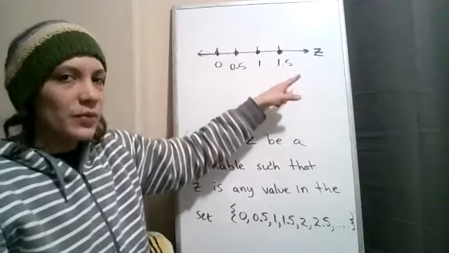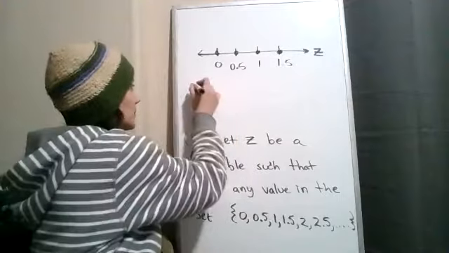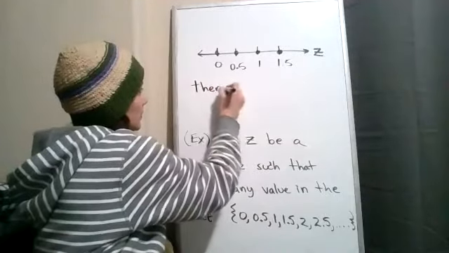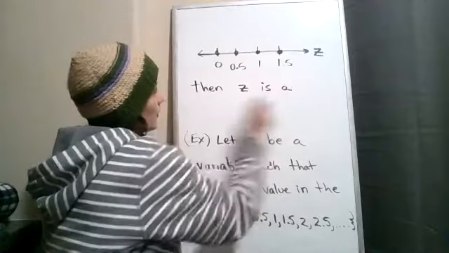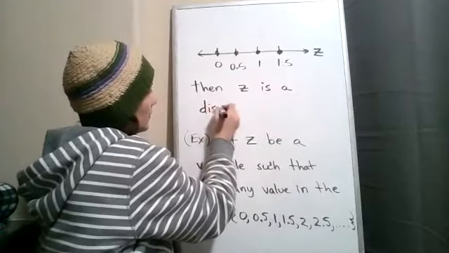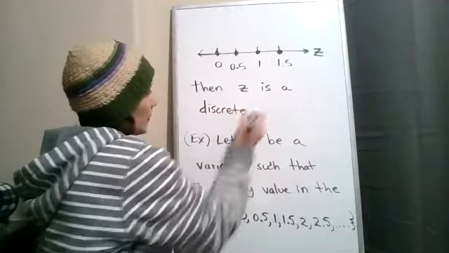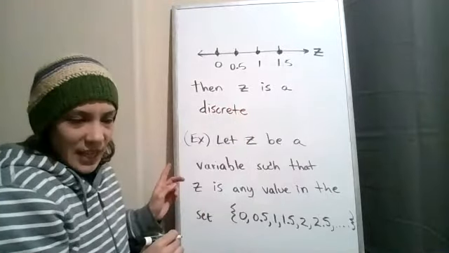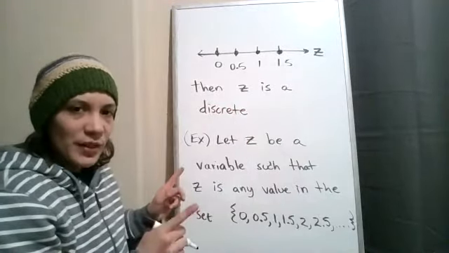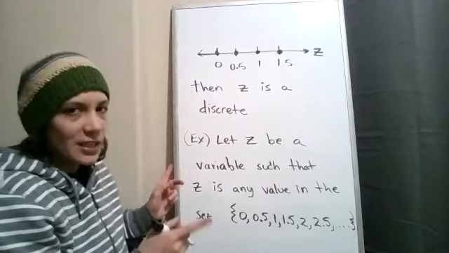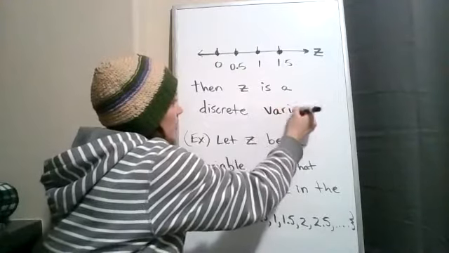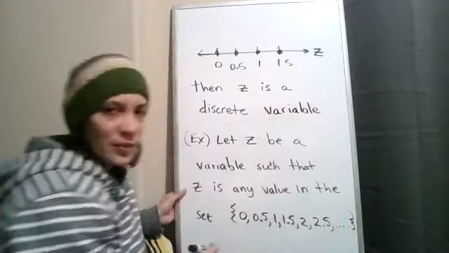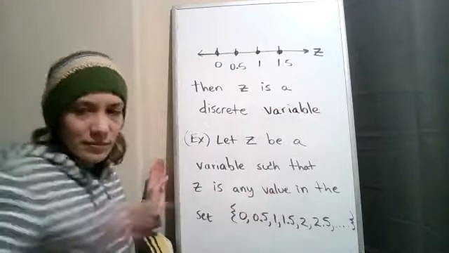This is a discrete random variable. I recently taught some stats classes, which is why I keep saying random variable. It's in that book a lot, but we can just say variable. It's a discrete variable. Random variable means the same thing.